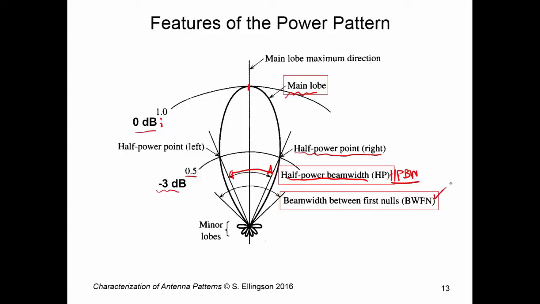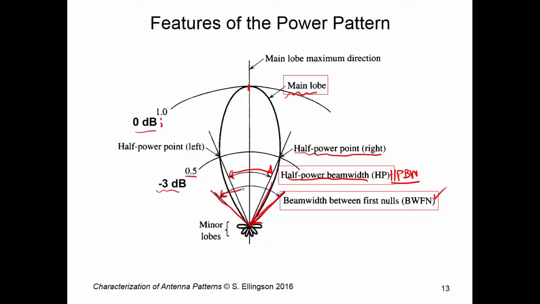Also, we have this characterization known as the beam width between first nulls. And the idea here is that the main lobe eventually disappears, goes into a null, and then comes back out into the first side lobe. So between those points, there is often a discernible null, and you can find that on both sides of the main lobe, and it defines the main lobe.